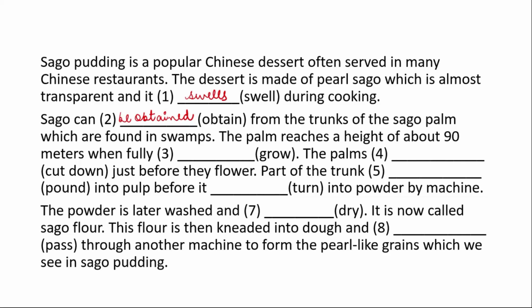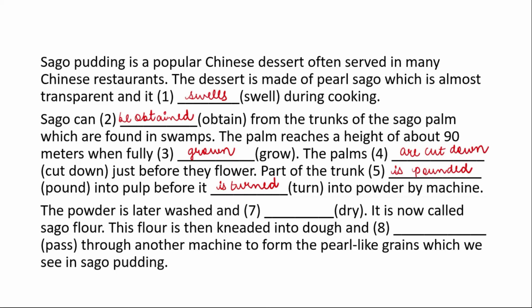The palm reaches a height of about 90 meters when fully grown. So when they are fully grown, then it reaches a height of 90 meters. The palms are cut down just before they flower. Part of the trunk is pounded into pulp before it is turned into powder by machine.